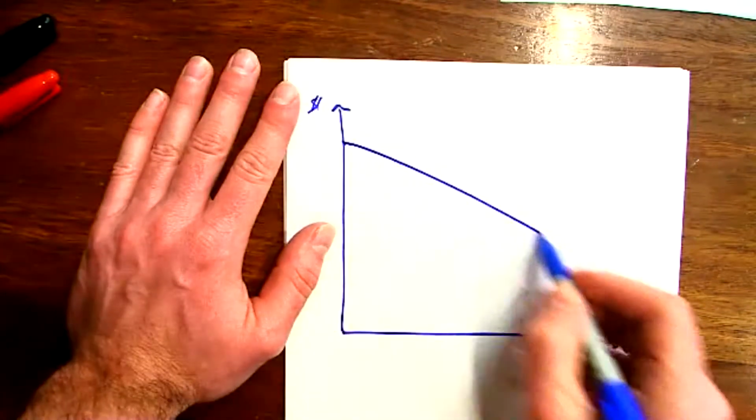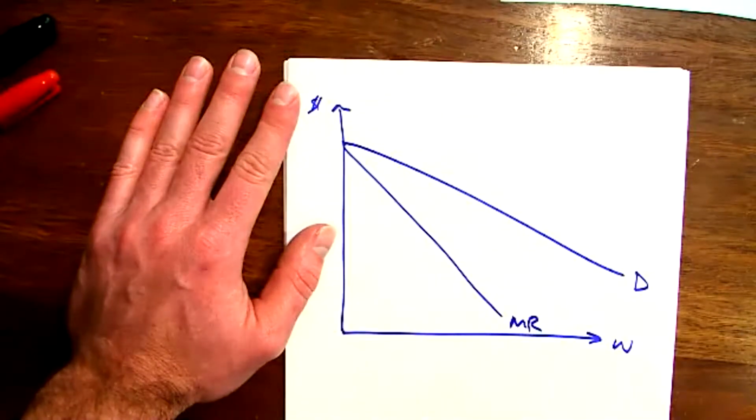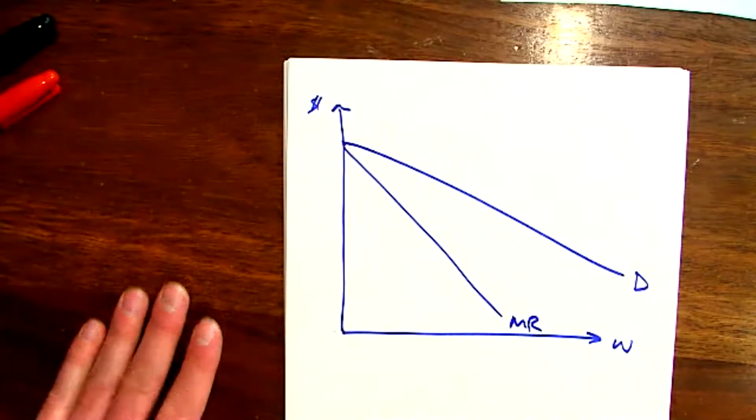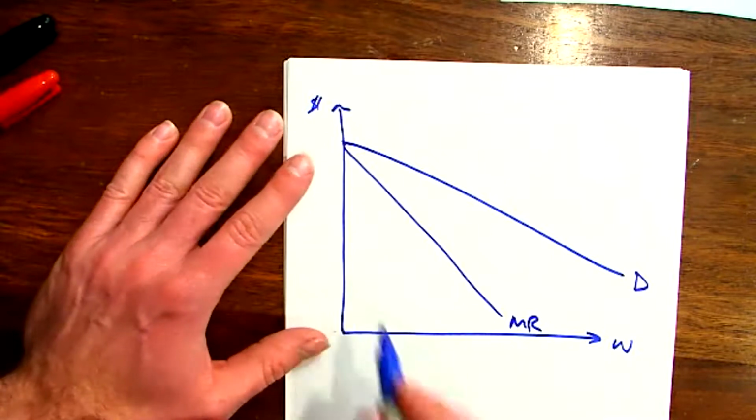Let's draw first. We'll draw on this demand curve and this marginal revenue curve. We could even simplify this to a constant marginal cost, so let's say marginal costs are constant.